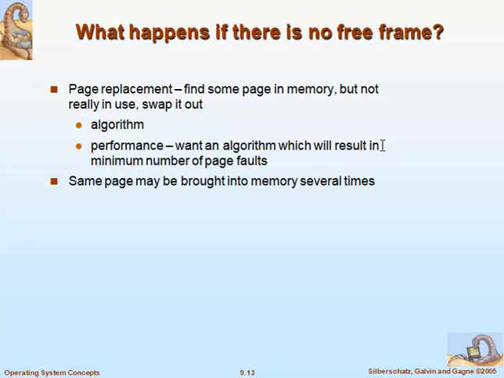In the previous slide you looked at the different events that happen. Whenever the entry is invalid, there is a page fault, a trap is generated, then the OS comes into the picture, loads back the page and restarts the instruction. All those things are additional overheads, which cause performance issues. We want an algorithm with minimum page faults.